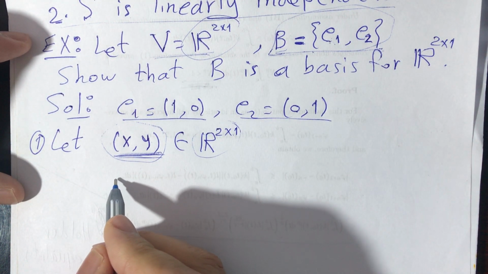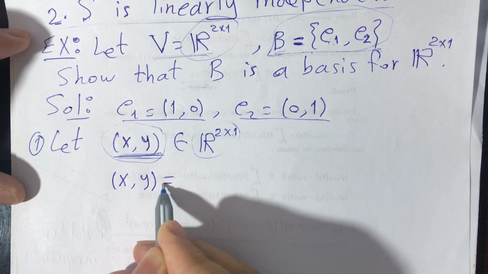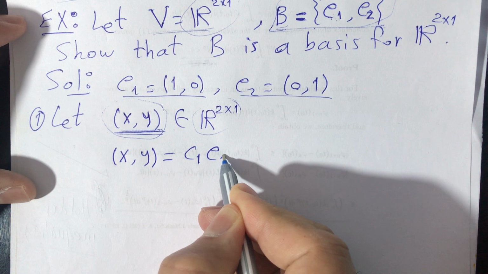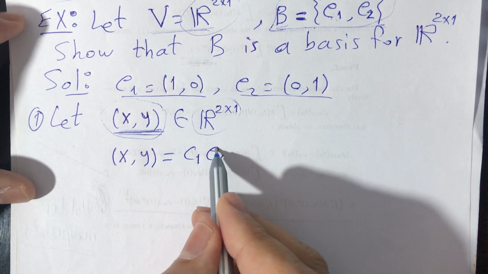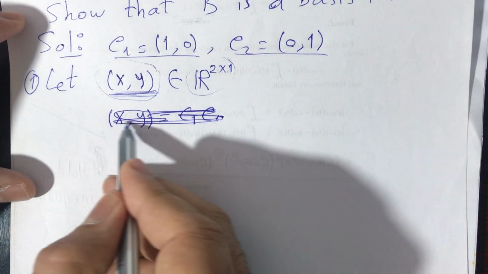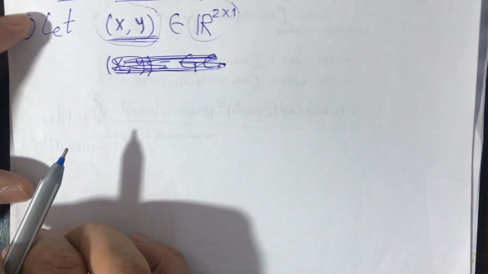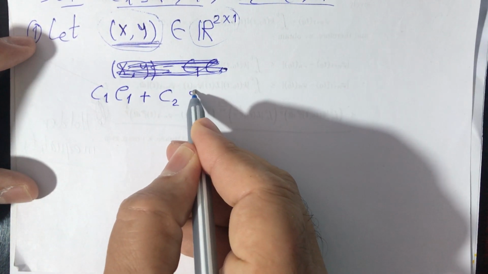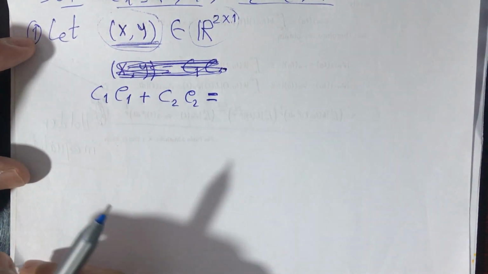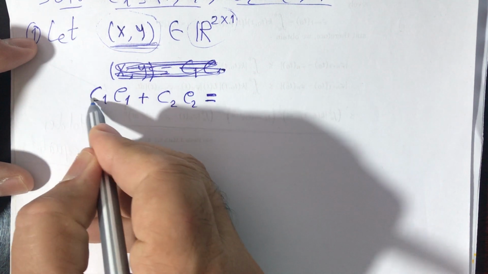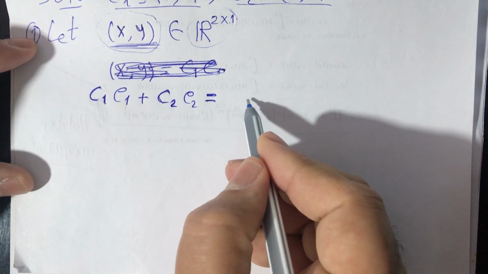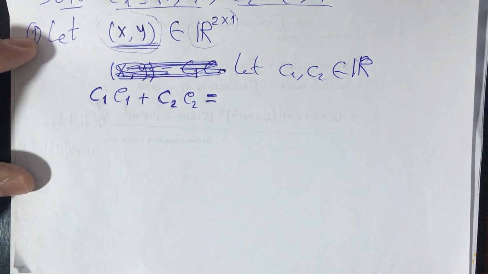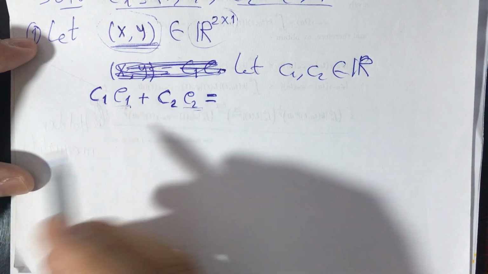So let x, y be equal to C1 E1 plus C2 E2, where C1, C2 belong to the real numbers, and we know E1 and E2.